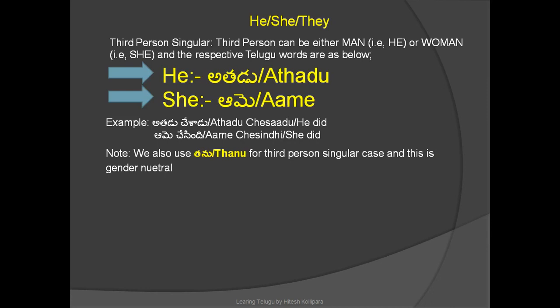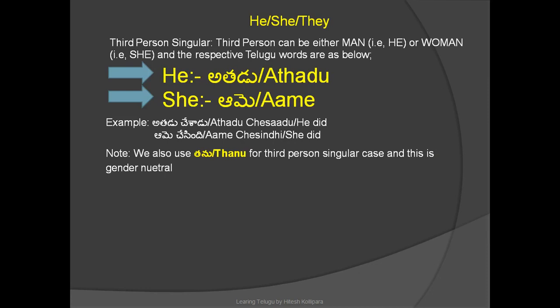And if you say Tanu Chesindi, then you meant she did. Now, like I said before, Chesadu and Chesindi are verb words, and we will learn the grammar rules of changing the verb words in our coming classes.